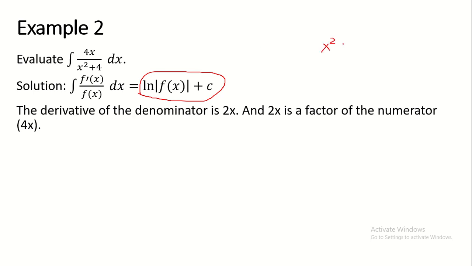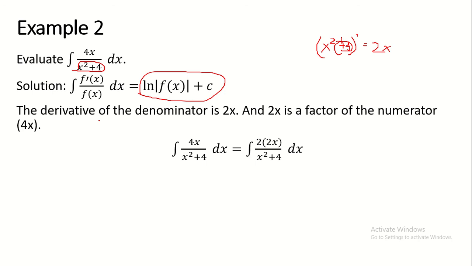So, x squared plus 4. Pag kinuha natin yung derivative niyan, applying the power rule, we have 2 times 1 is 2. Tapos minus 1 dito sa exponent niya, magiging x. And then, yung positive 4 is a constant, of course, is 0. So, ang derivative nitong denominator natin ay 2x.